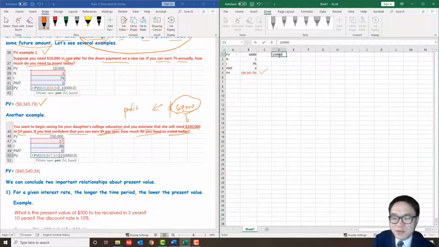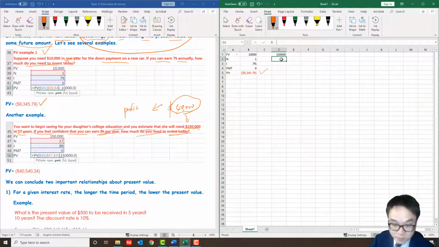If you put a negative number here, then later on when you calculate present value, your present value is gonna be a positive number. So here we put a positive number, which means 17 years later we do want to get $150,000 to pay for the daughter's tuition.